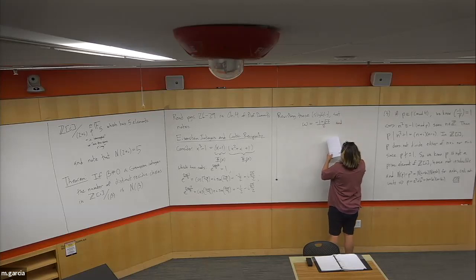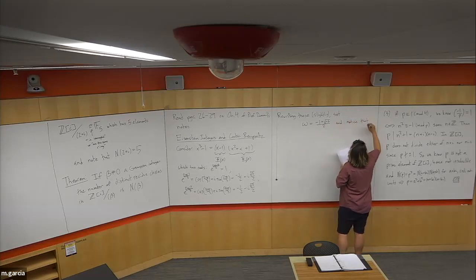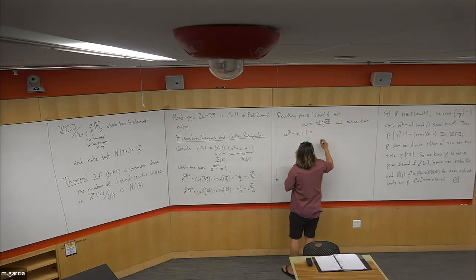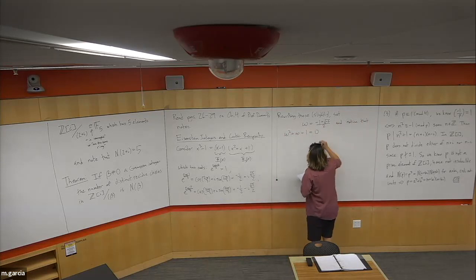And notice that we have the relation omega squared plus omega plus 1 is equal to 0.